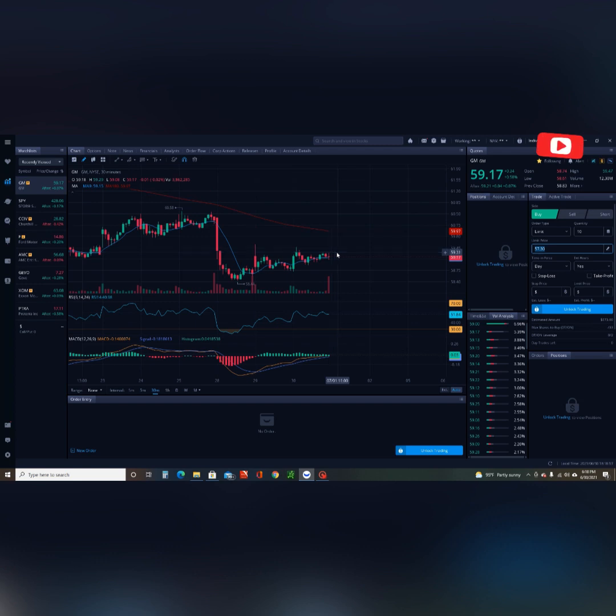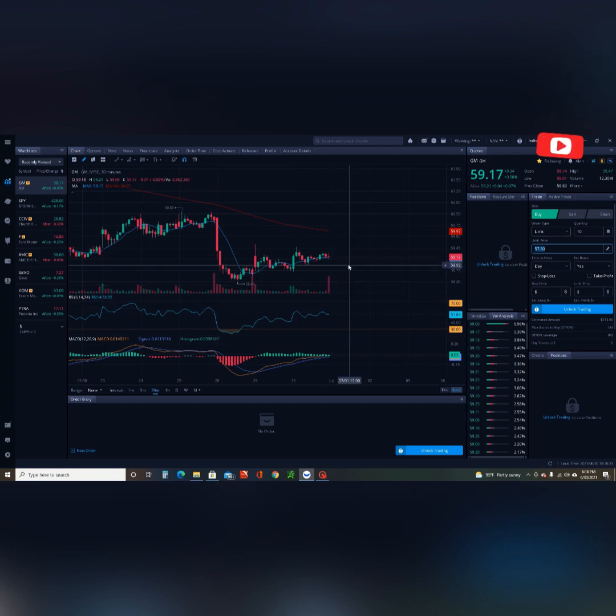So we set our buy limit order at 59.30, and that is the most that we are willing to pay for that position. We see it cross 59.30, and we're setting our limit orders.